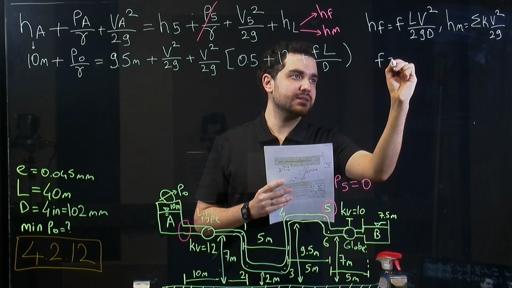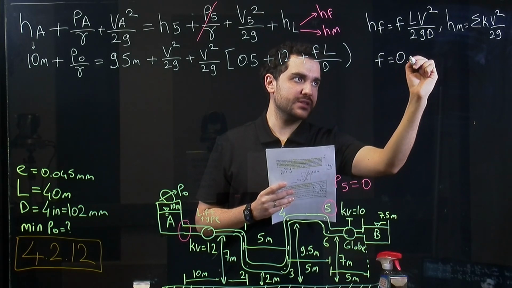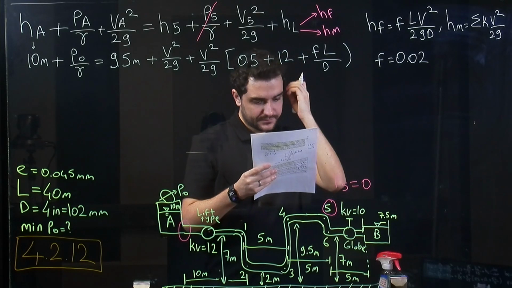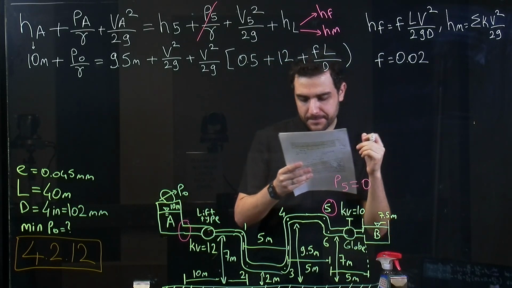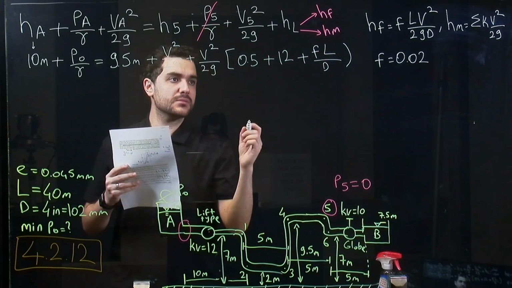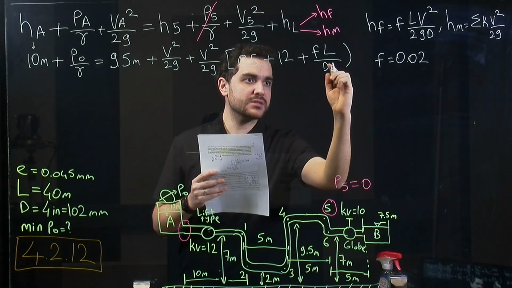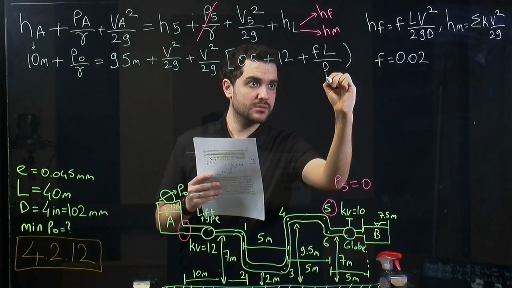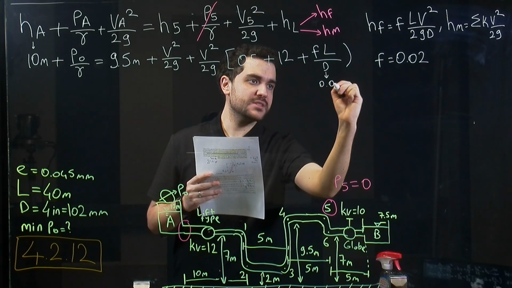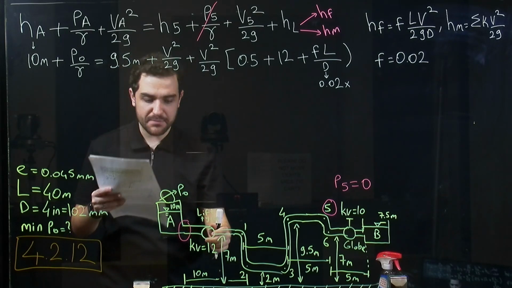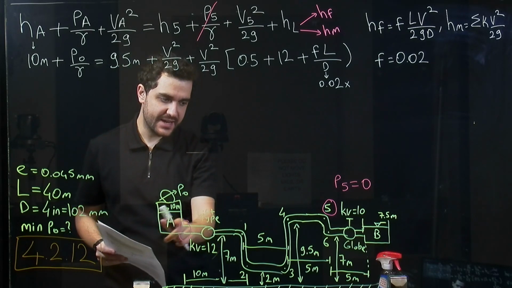So let's assume that the friction factor is 0.02. So if we write this value here, it will be 0.02 times the length of pipe between A and 5.